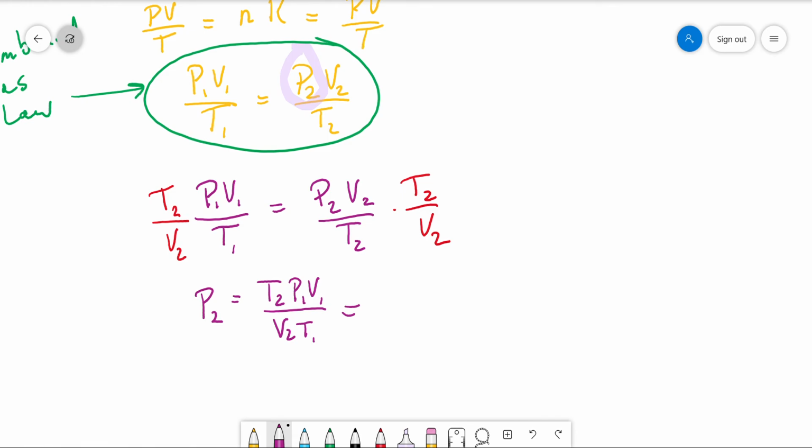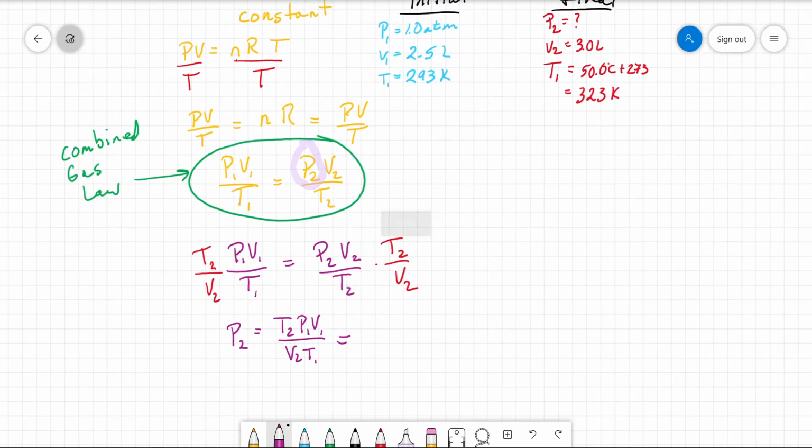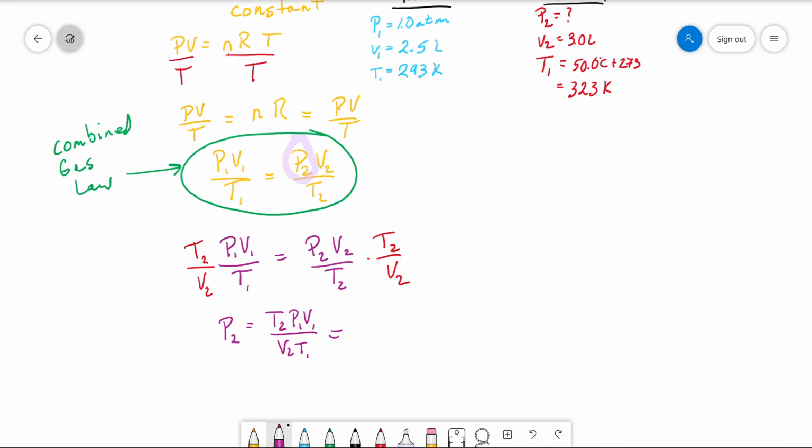So T2, let's shrink it down a little bit so we can see everything. Our T2 is 323 Kelvin. P1, 1.0 atmospheres. V1, 2.5 liters. V2, 3.0 liters.